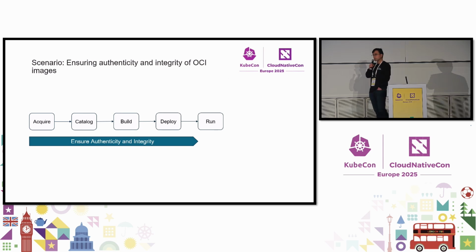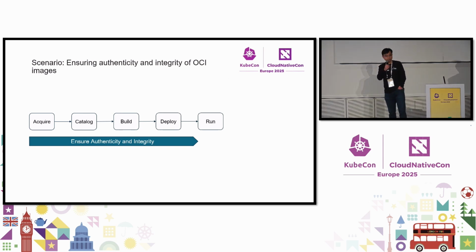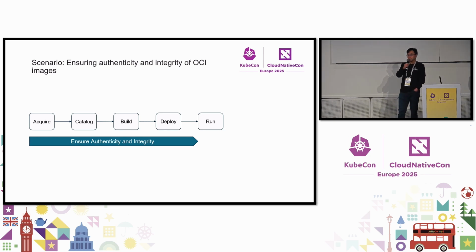So how or when do I use Notary Project? One typical scenario is to ensure the authenticity and integrity of OCI images throughout their life cycle. When you acquire images from, for example, Docker Hub, you need to verify the signature to ensure they are from a trusted source.